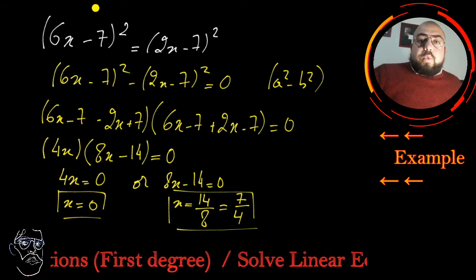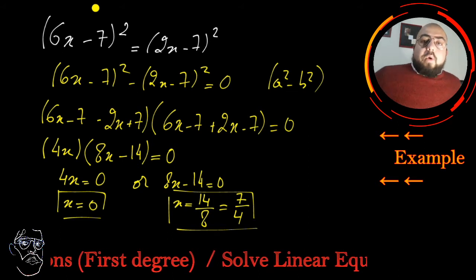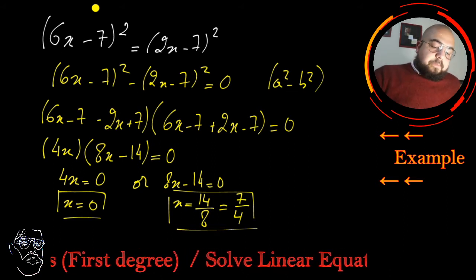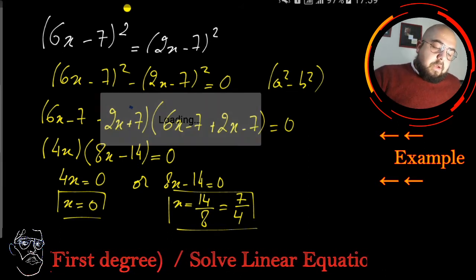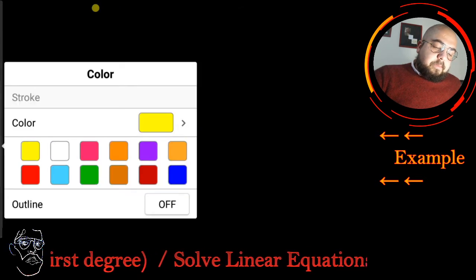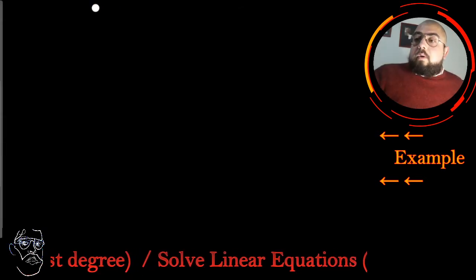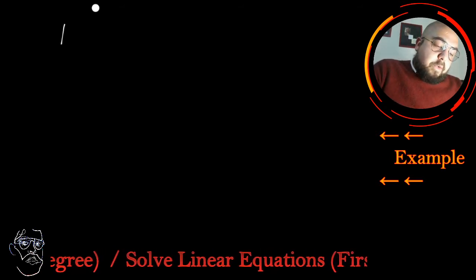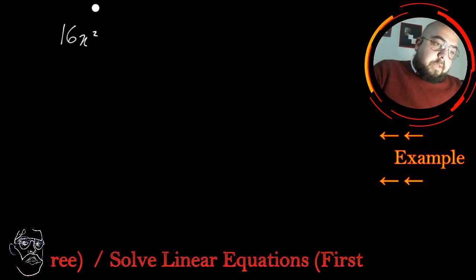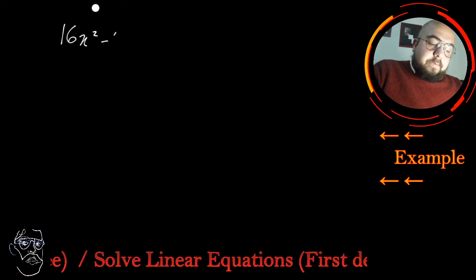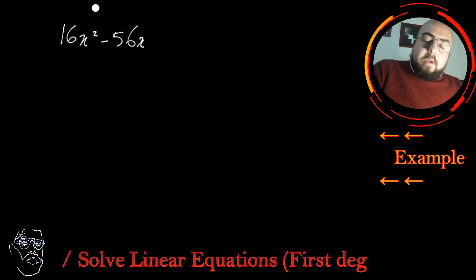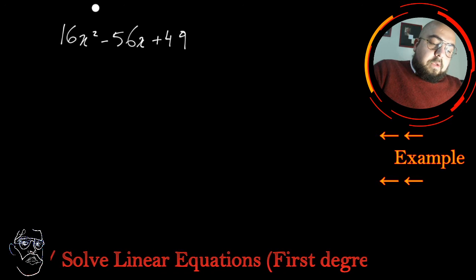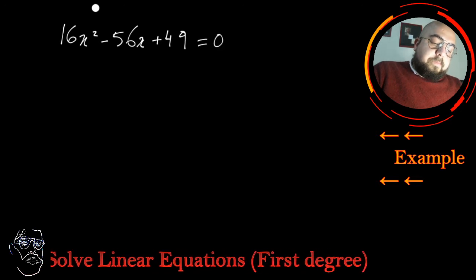So this was a case where we had to factorize because our equation wasn't first degree. Let's take another example. What about this equation? 16x² − 56x + 49 = 0.